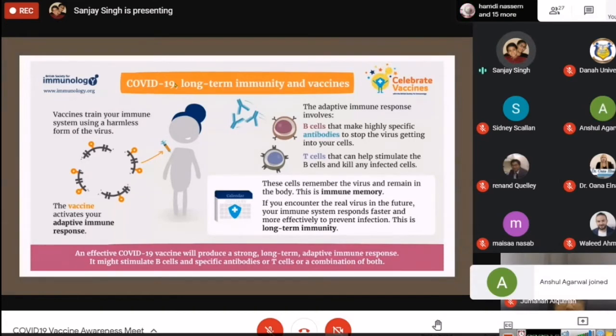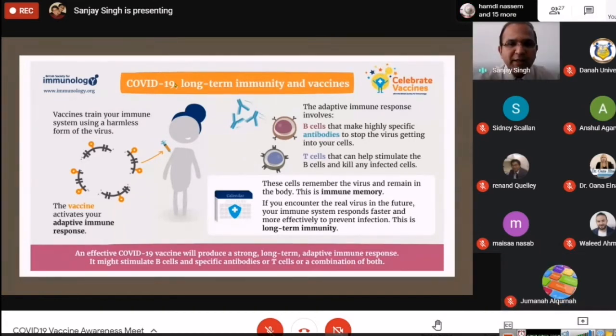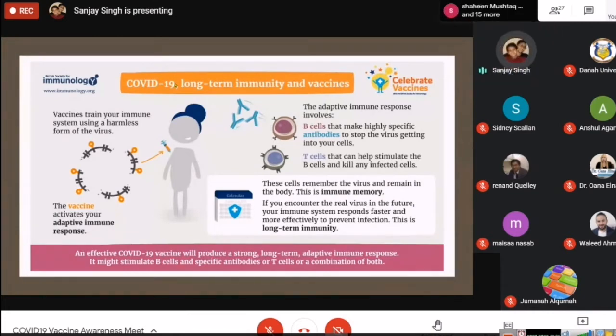These two cells remember the virus and remain in the body. This is the immune memory, and they are usually called memory cells. So if you encounter the real virus in the future, your immune system responds faster and more efficiently to prevent the infection. And this is the long-term immunity.